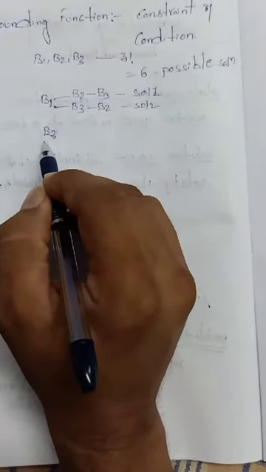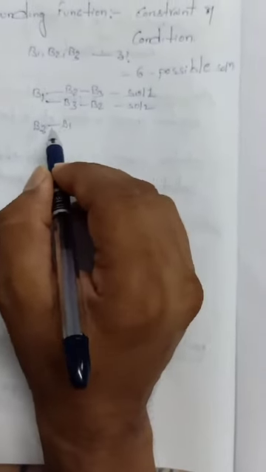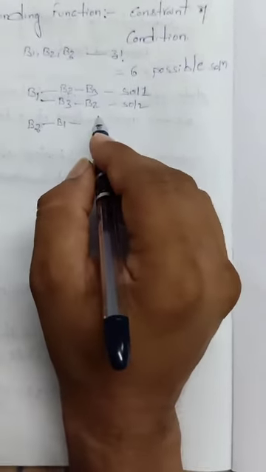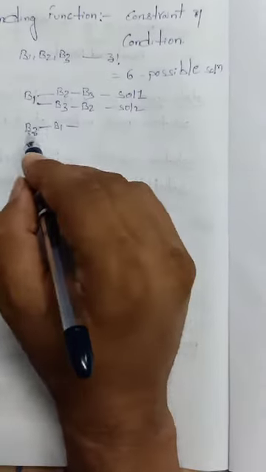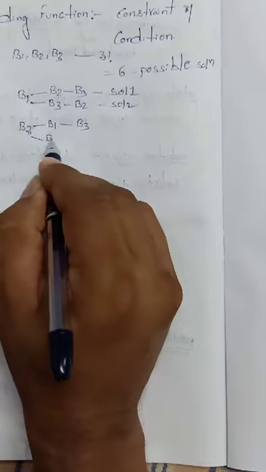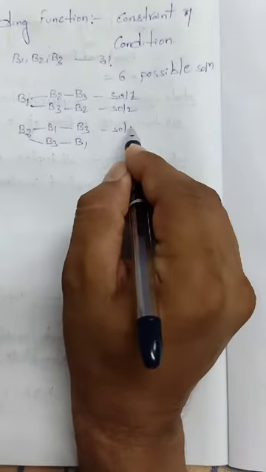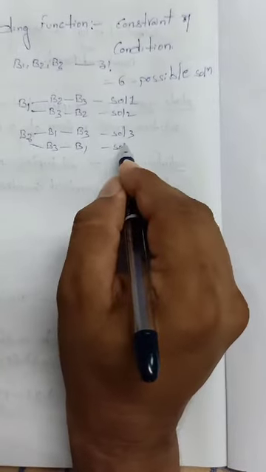Next, if I seat B2, then what are my possibilities? My possibilities are B1 then B3, or B3 then B1. This is solution 3, and this is solution 4.